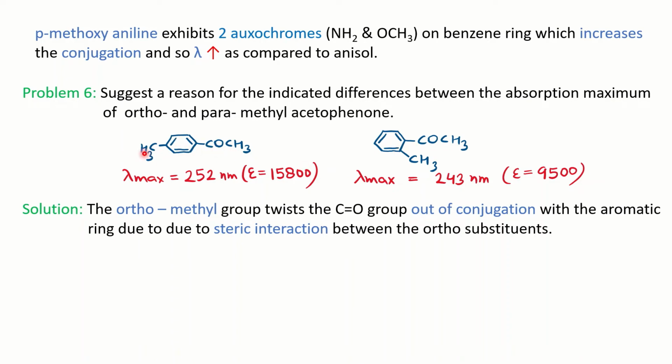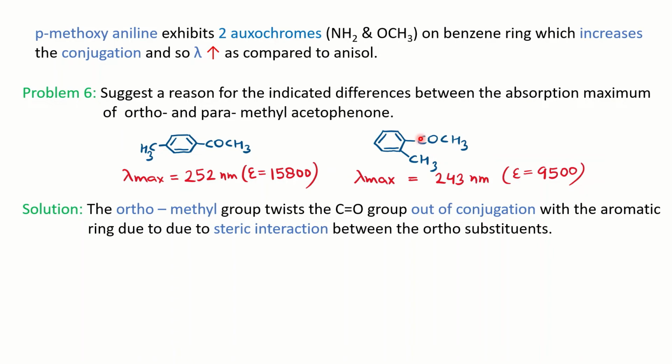In para, there is no steric crowding, so it remains in the same plane. The carbonyl and the aromatic ring remain in the same plane, so they overlap easily. It means extended conjugation is present here, therefore it absorbs at a higher lambda max value as compared to the ortho substituted, where because of the steric crowding the carbonyl group and the aromatic ring will not be in the same plane.